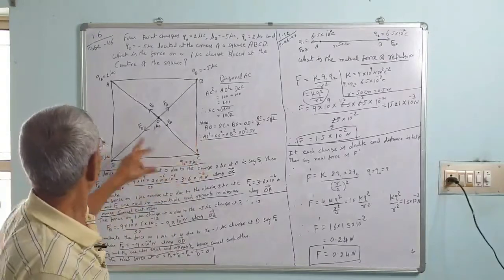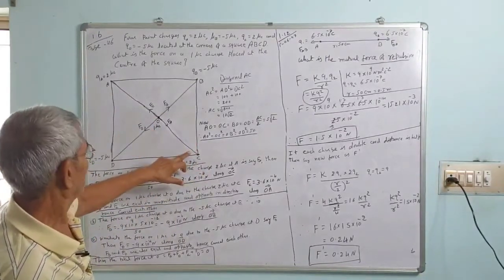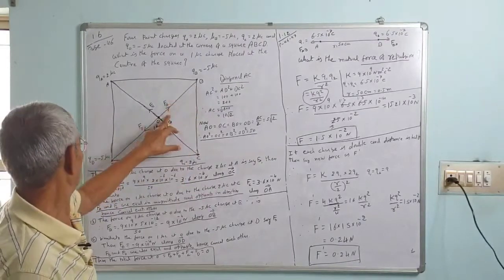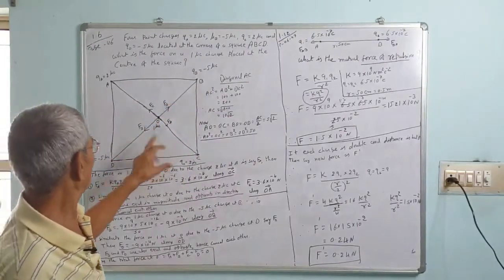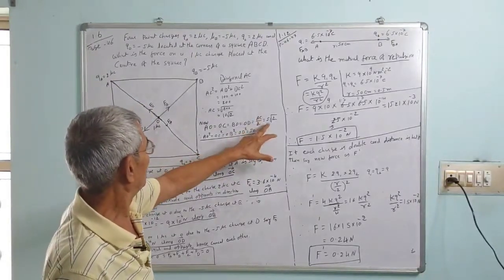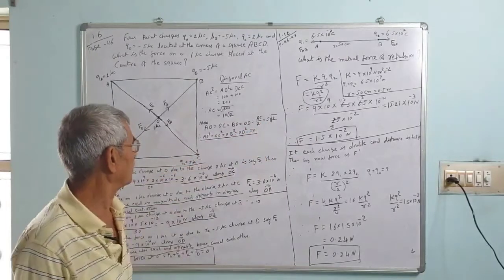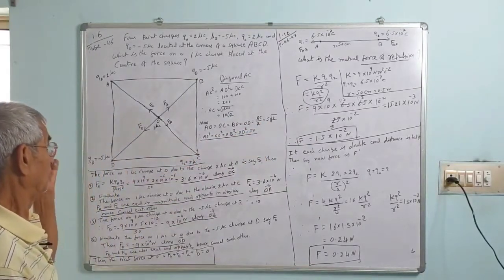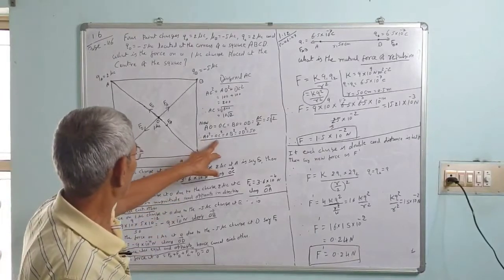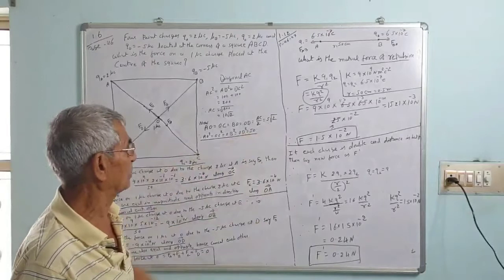AO is equal to OC is equal to BO is equal to OD, which is half of AC, that is 5 under root 2. Therefore AO square is equal to OC square is equal to OB square is equal to OD square, that is 50.